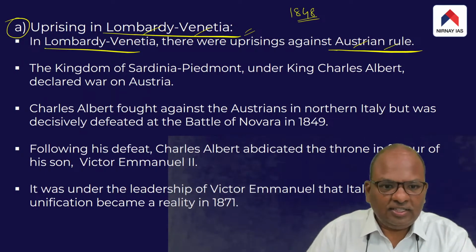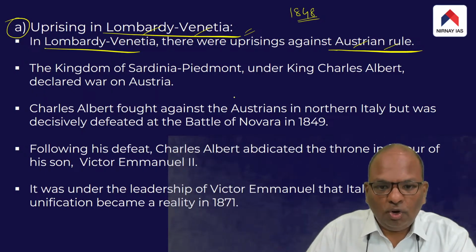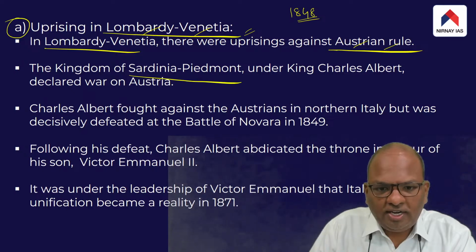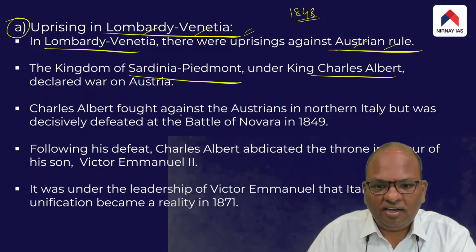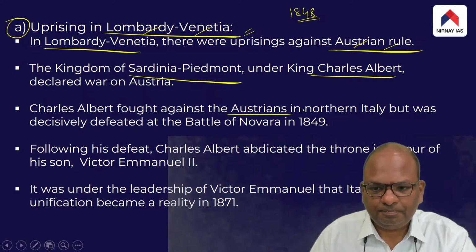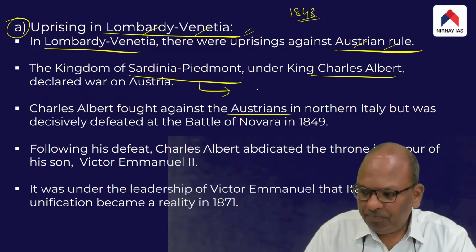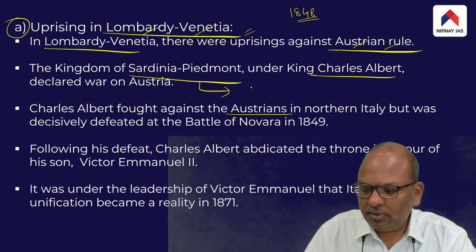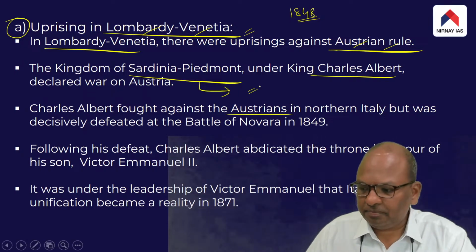So after the uprising in Lombardy and Venetia, the ruler of Sardinia Piedmont by name Charles Albert declared war against Austria. I told you the ruler of Sardinia Piedmont was the only native Italian ruling over an Italian speaking territory.